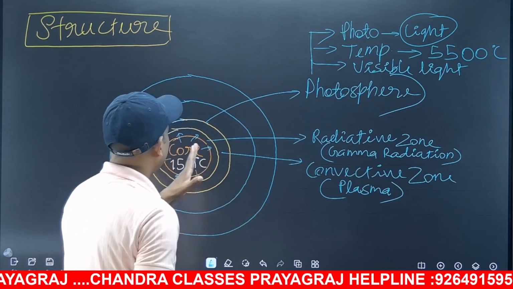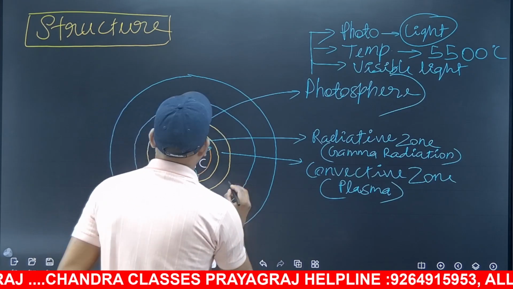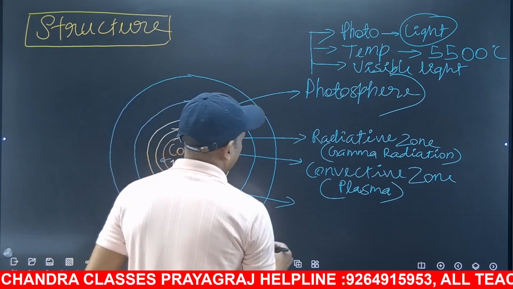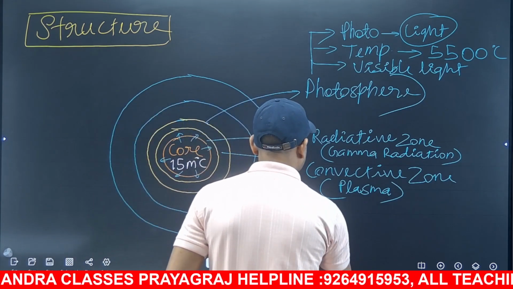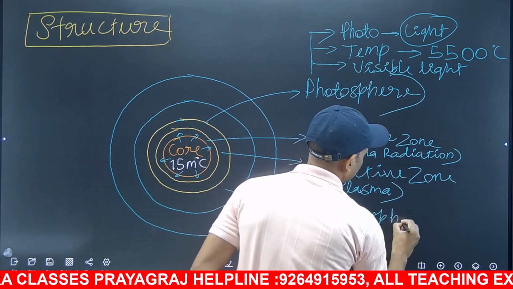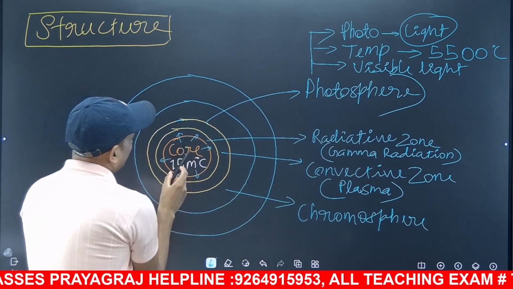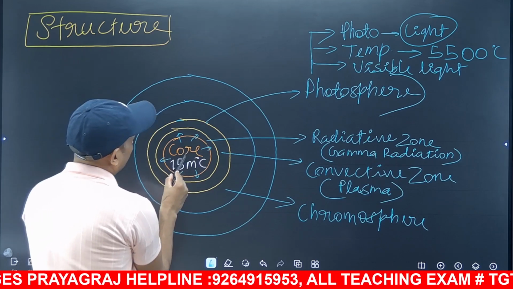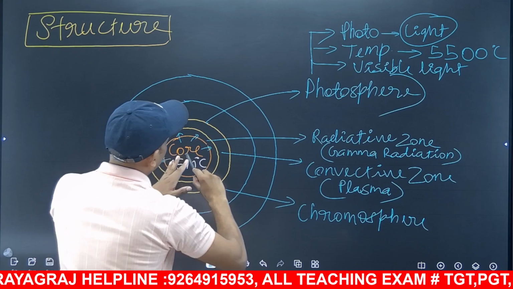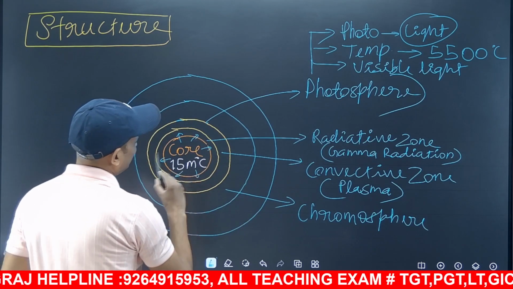Now, when we come to the atmosphere of the sun, the layer which is above the photosphere is known as chromosphere. When we were coming outwards from the core region of the sun, the temperature was constantly decreasing. The temperature at the core was 15 million degrees Celsius.